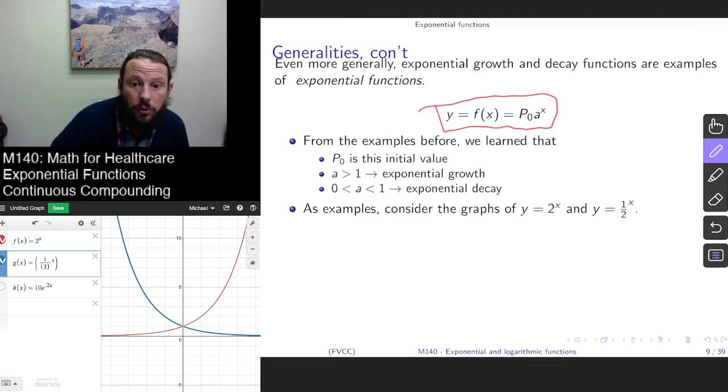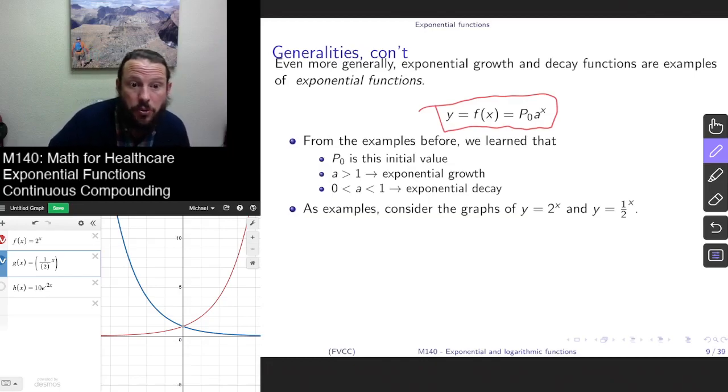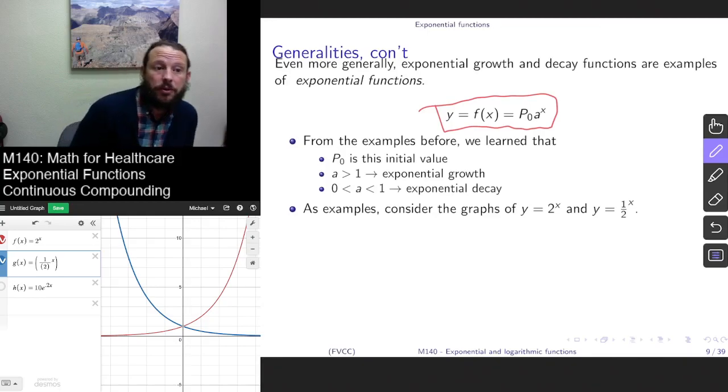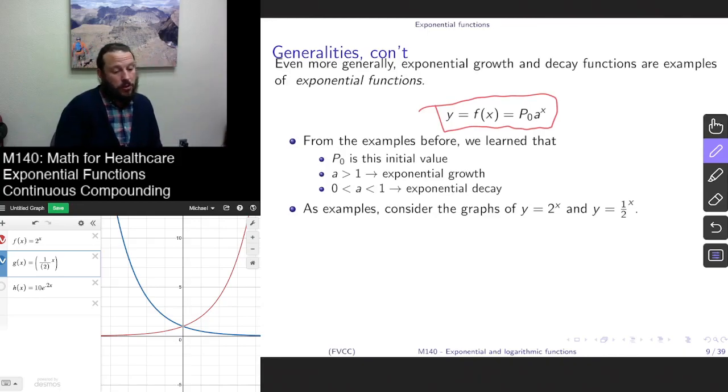Now y equal to 1/2 to the x has A between 0 and 1, so it's decreasing, and we have exponential decay. I'd say you should open up Desmos and play around, look at a couple different exponential functions. Play is an important part of learning about things and understanding them, right?